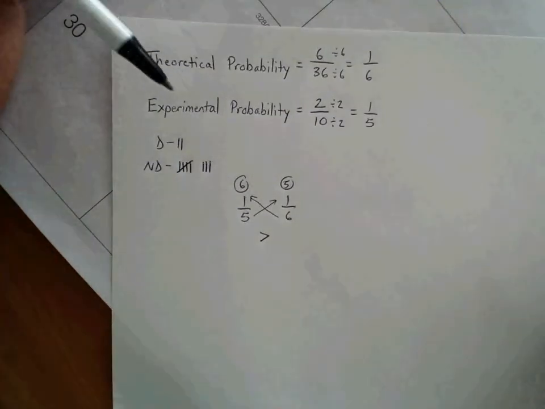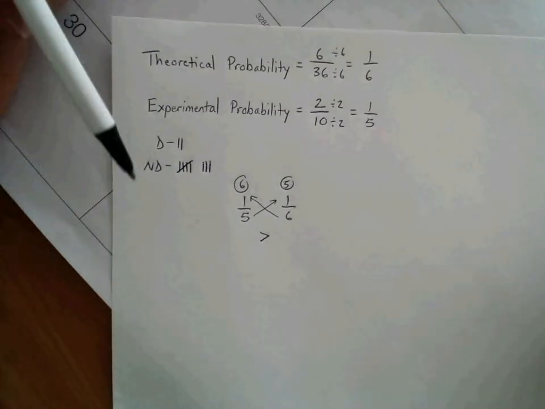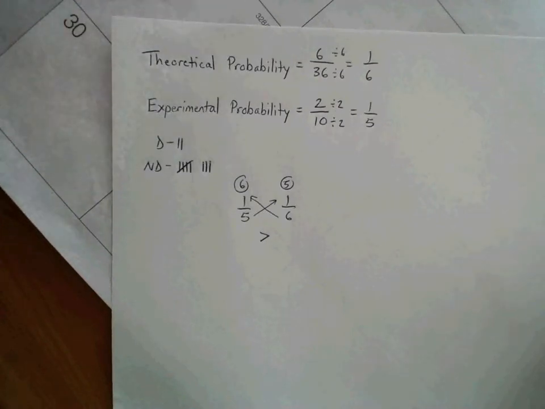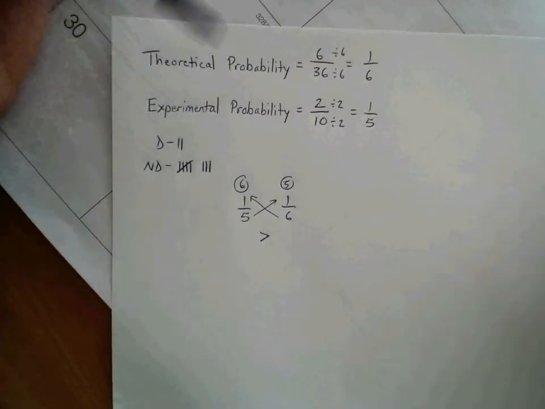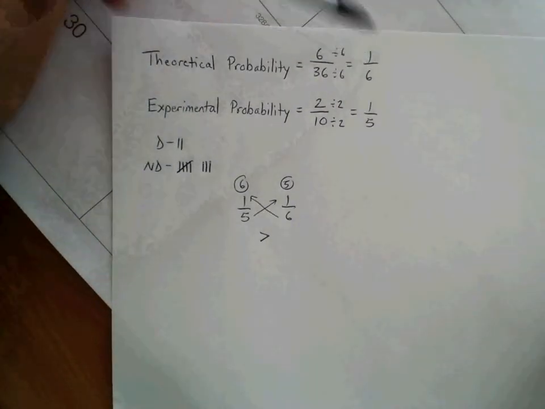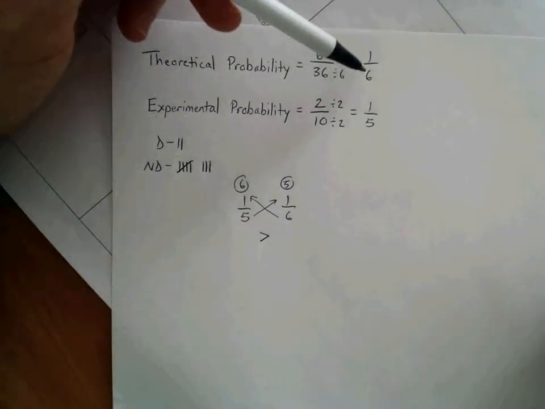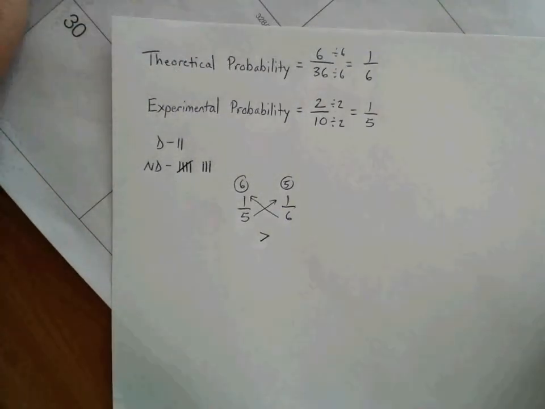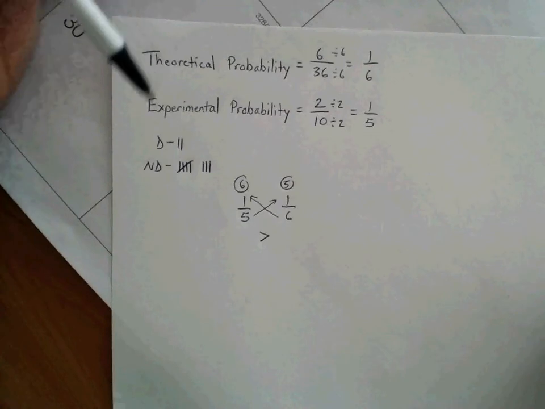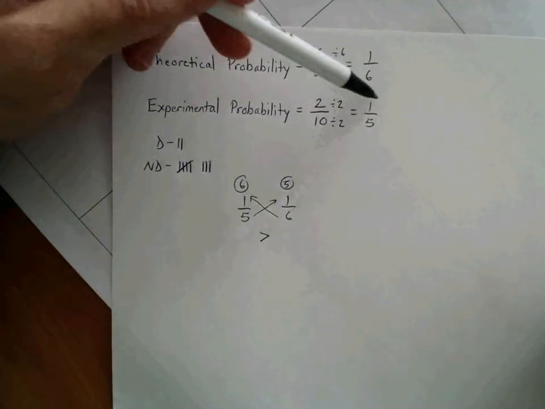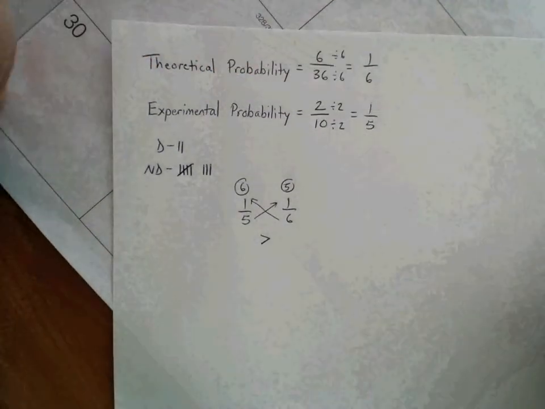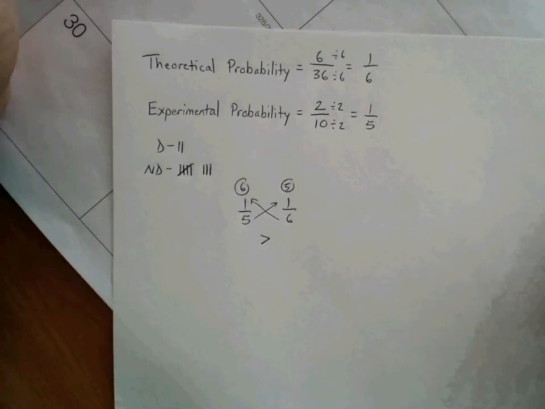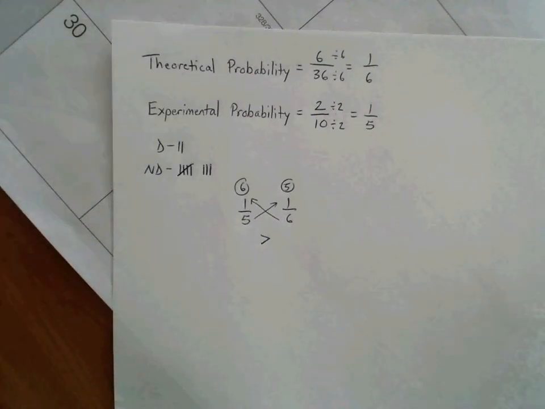I've done this in years past. I typically do 30 rolls when we do this in class, and I've had people get right on the theoretical probability, people get lower than it, and people get higher than it. But what I always want them to take away is that the more you do the experiment, the closer the number you get should be to the theoretical probability. So that's just a little example of experimental probability for this video. All right, see you.